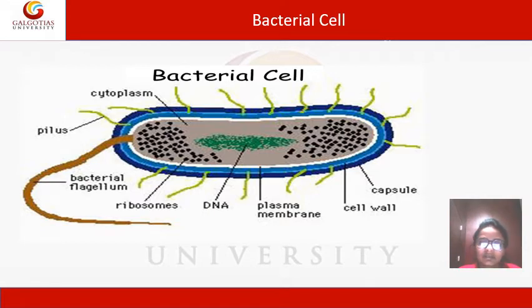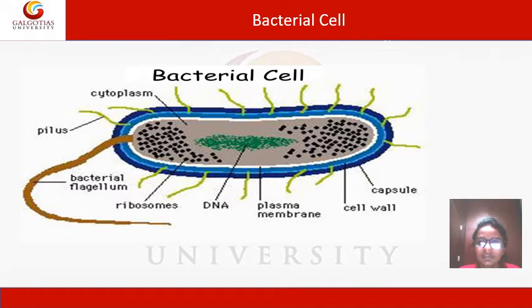So we are starting describing the structure from the outside. Here you can see the outer layer which is present in the dark blue color. This is the outermost layer of the bacteria, and this structure is known as capsule.